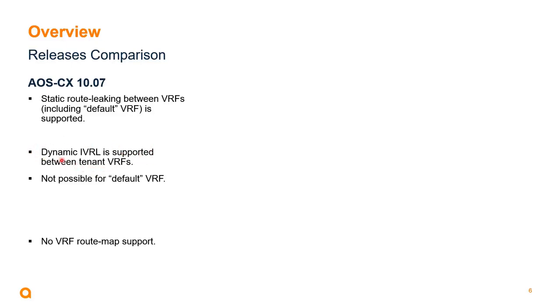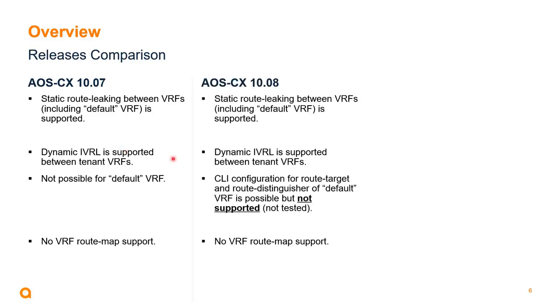By tenant, I mean all VRFs except the default VRF. And we have no VRF route map supported to filter in or out dedicated or specific routes in a specific VRF.